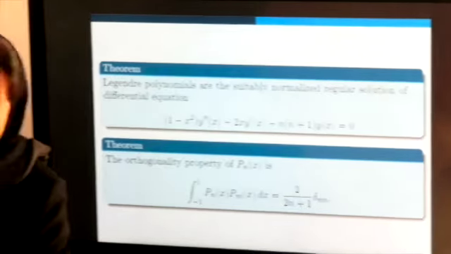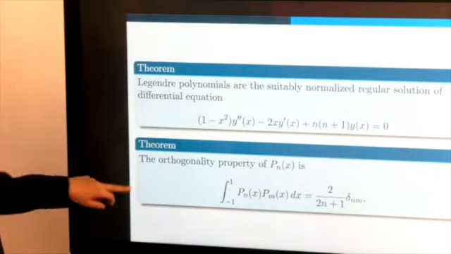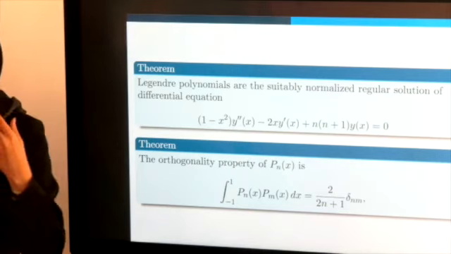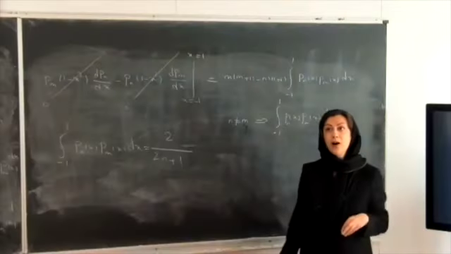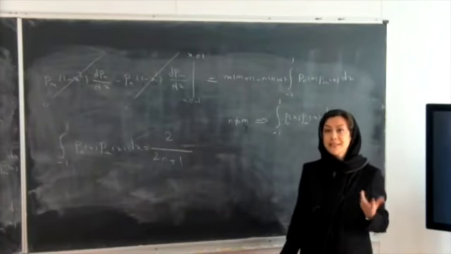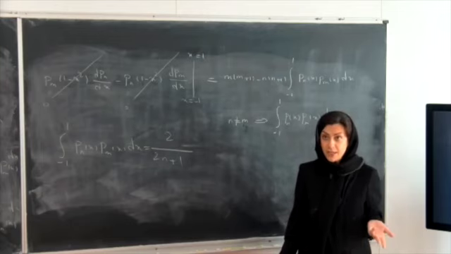Okay, I talked about some properties of some classic orthogonal polynomials such as Legendre, Chebyshev, Hermite polynomials and Laguerre polynomials. And next session, I want to talk about Bessel functions as orthogonal functions.